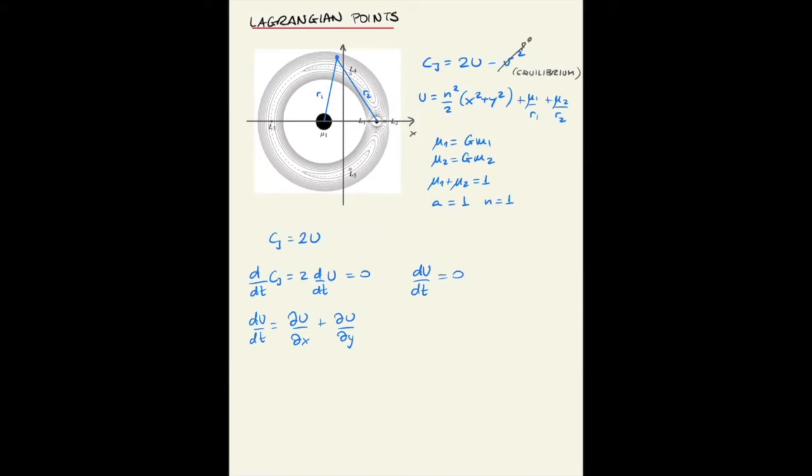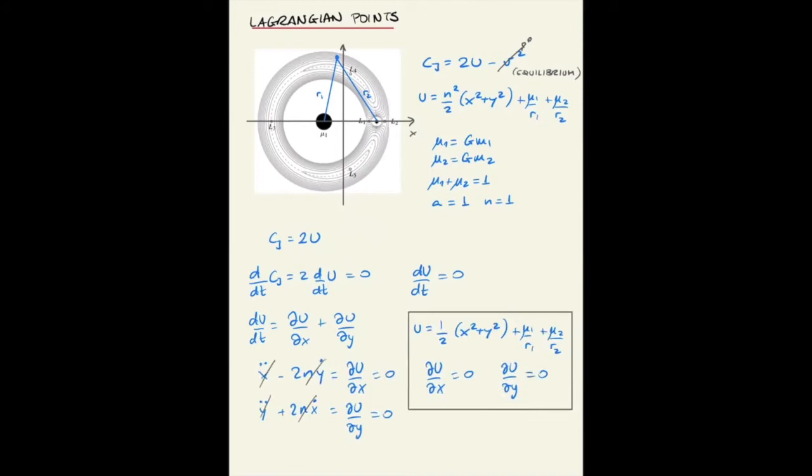The equations of motion in the co-rotating frame are the acceleration in x minus the Coriolis force is equal to dU/dx, and the acceleration in y plus the Coriolis force is equal to dU/dy. If we are in equilibrium, there are no velocities and no accelerations, so therefore these quantities must independently go to 0. So these are our conditions to find the equilibrium Lagrangian points.